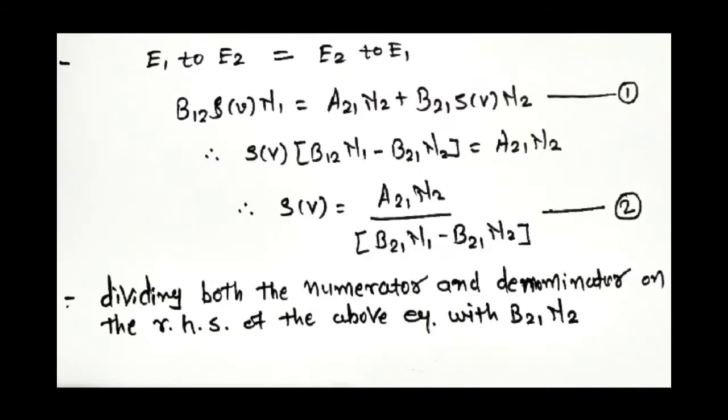The number of transitions from E1 to E2 must equal the number of transitions from E2 to E1. We have B12 rho into N1 is equal to A21 N2 plus B21 rho into N2.